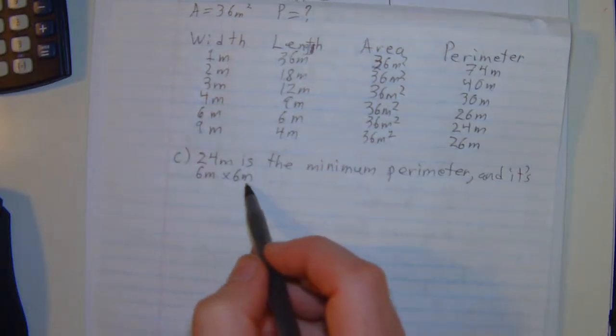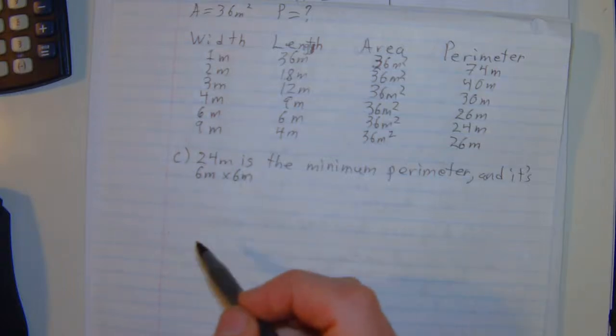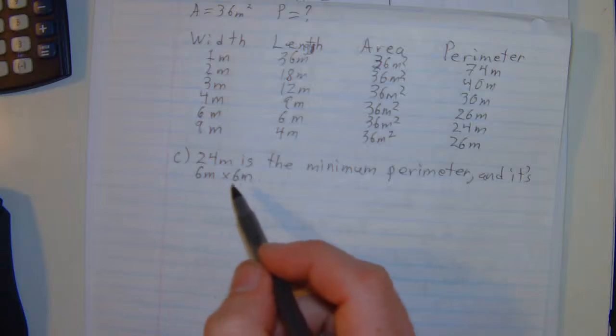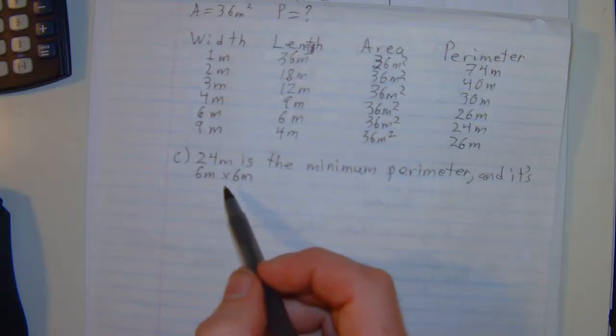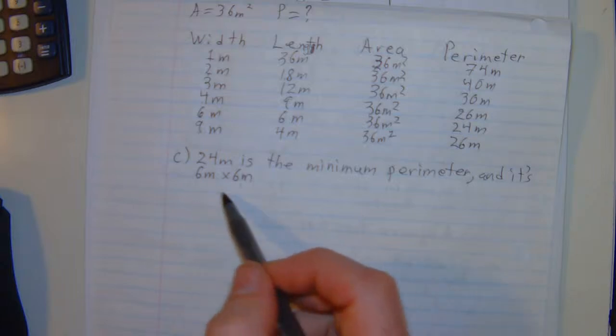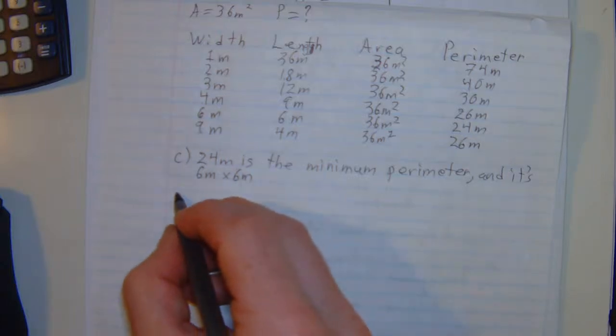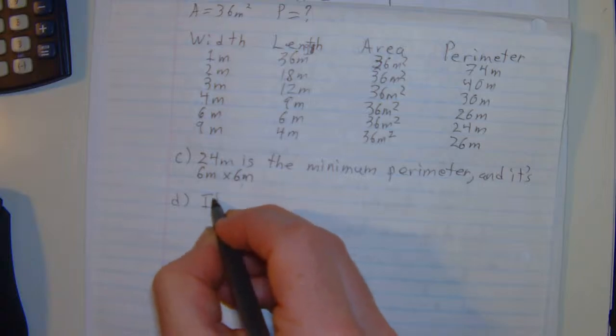And you notice once again, the square is the one that's best. So if we're building this rectangular area and we know what the area is, the perimeter that's going to be the smallest that contains that area is going to be the square. So D, it's a square.